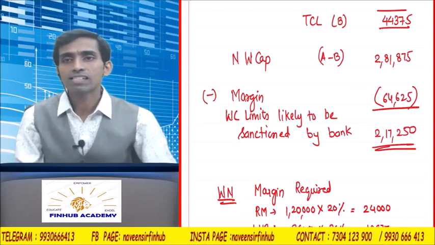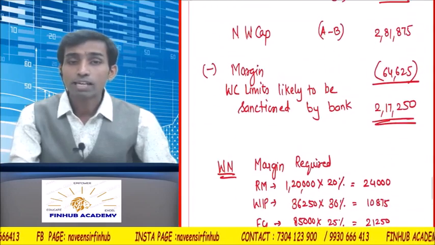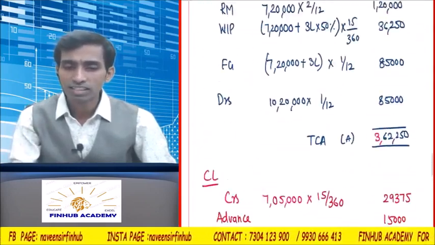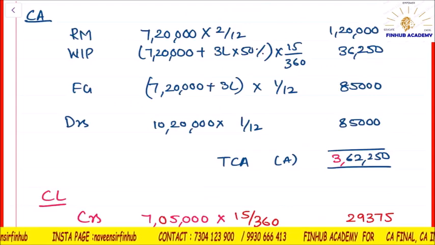This is the likely amount that the bank will sanction. Please copy this part. I hope the above part is clear. This is all clear. Those who have not copied, please copy.